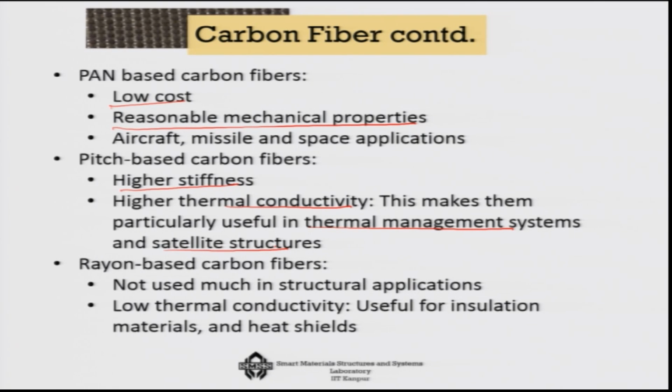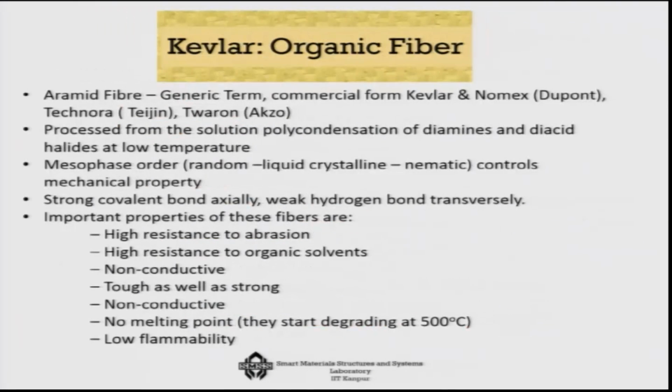Rayon-based carbon fibers are not much used in structural applications. They have low thermal conductivity and are generally useful for insulations and heat shields. So, depending on what source you are choosing for making a carbon fiber, you are landing up with at least 3 different types of variants of the carbon fibers.